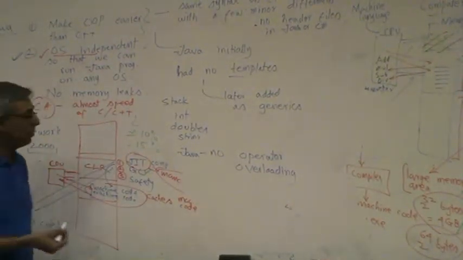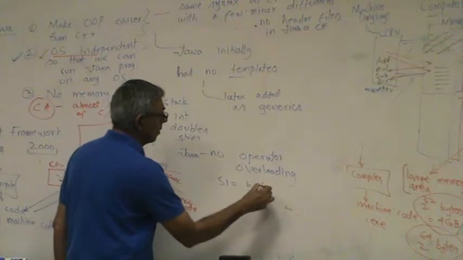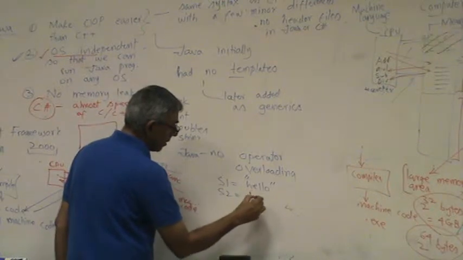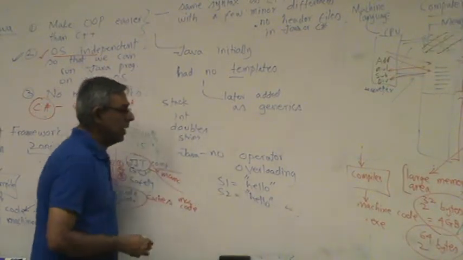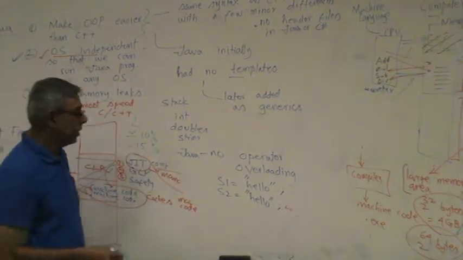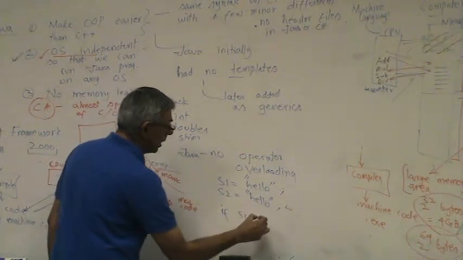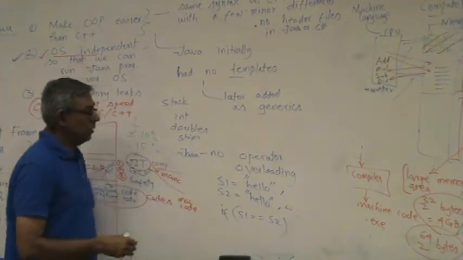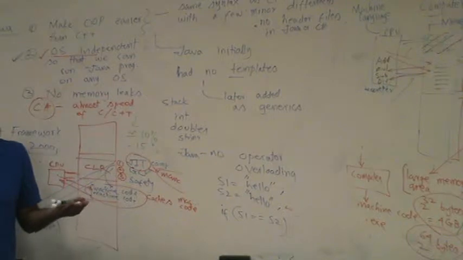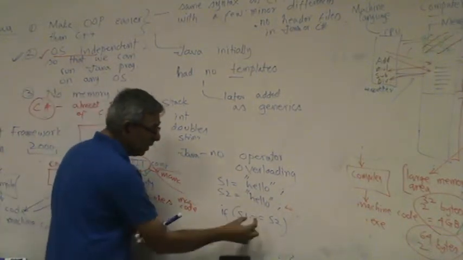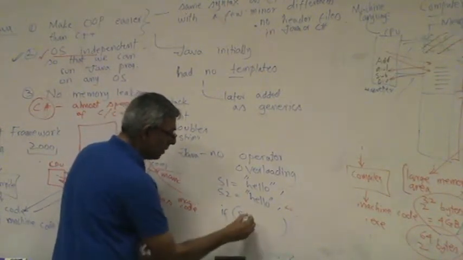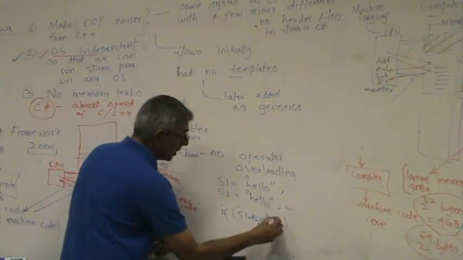For example, if you created two strings, s1 equal to hello, and s2 also equal to hello, and you wanted to compare, are both strings the same in Java? If you try to write this code, if s1 equal to s2, will that work in Java? No. It will always return false, even though they contain the same thing, right? So how do we do it in Java? Because there is no overloading of the equal to operator, you have to do s1.equals(s2), right?